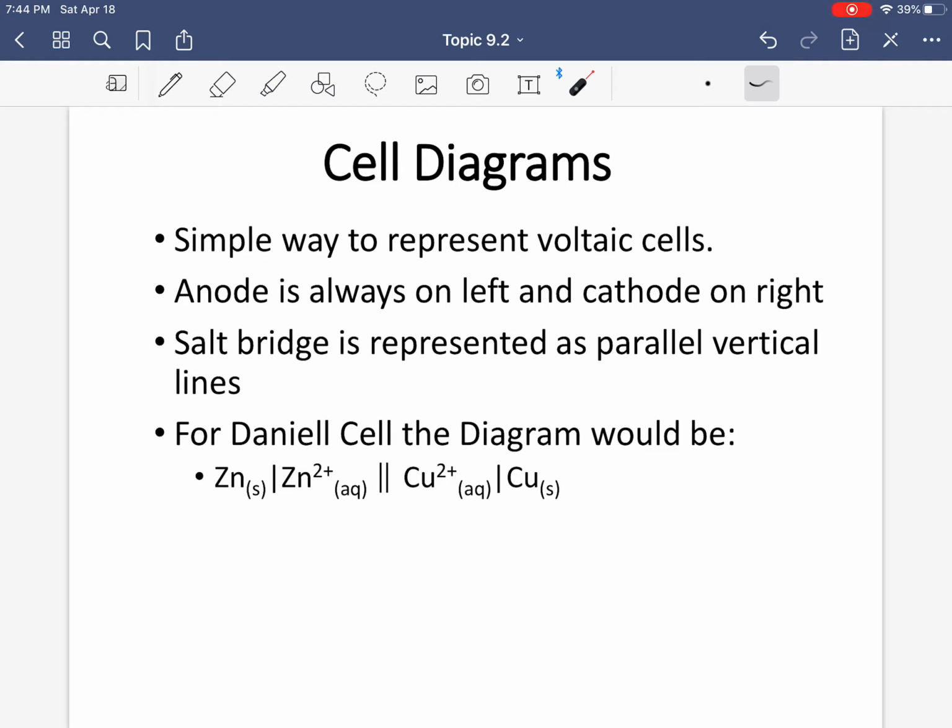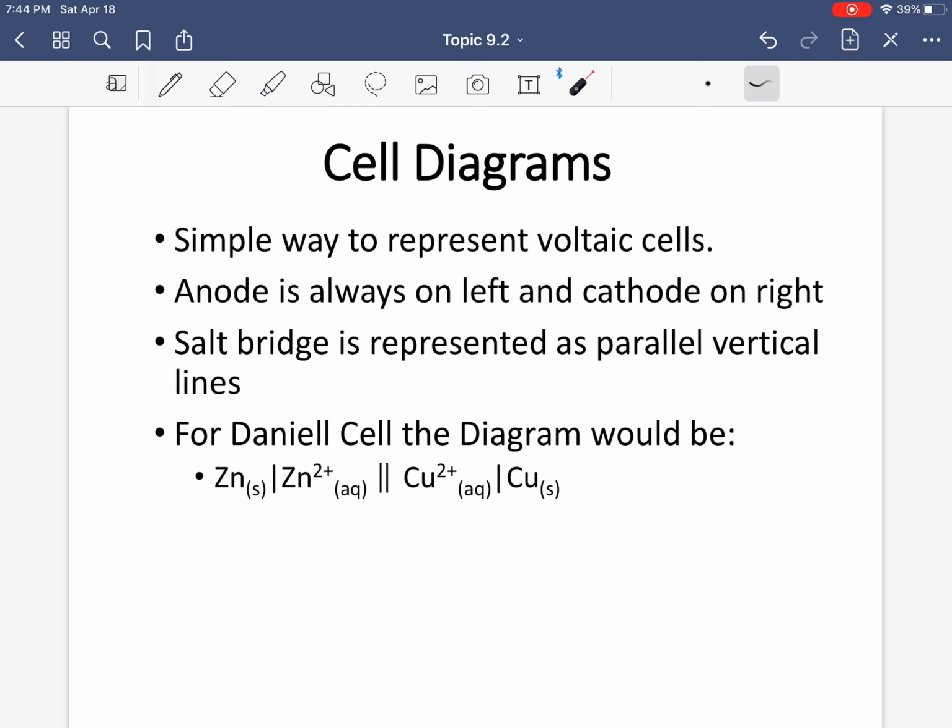Cell diagrams. So how do we illustrate these things on paper? Well, on paper, you write your anode on the left side and cathode on the right side, separated by two vertical lines.